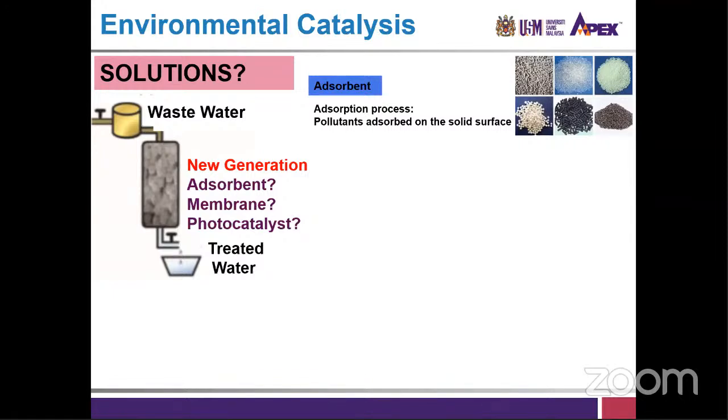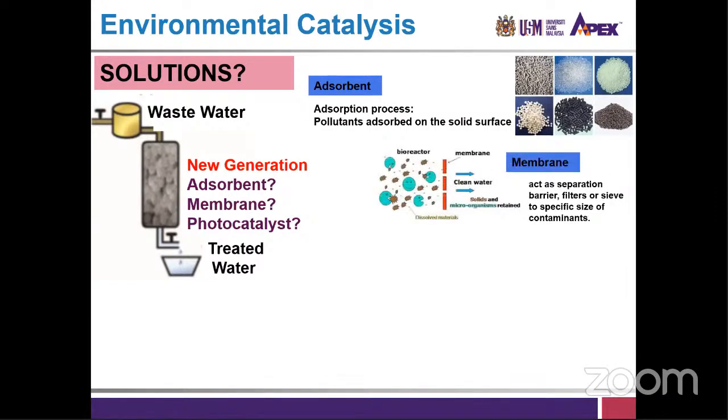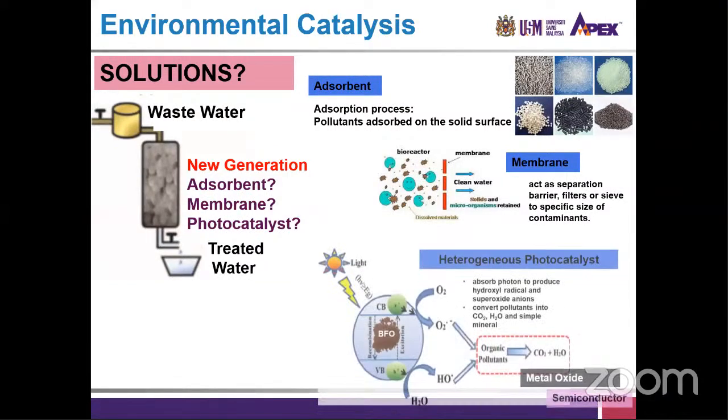For the adsorbents, it is actually an adsorption process, where the pollutants adsorb on the solid surface, while the membrane can act as a separation barrier, filter or sieve for specific sizes of contaminants before it can convert into clean water.